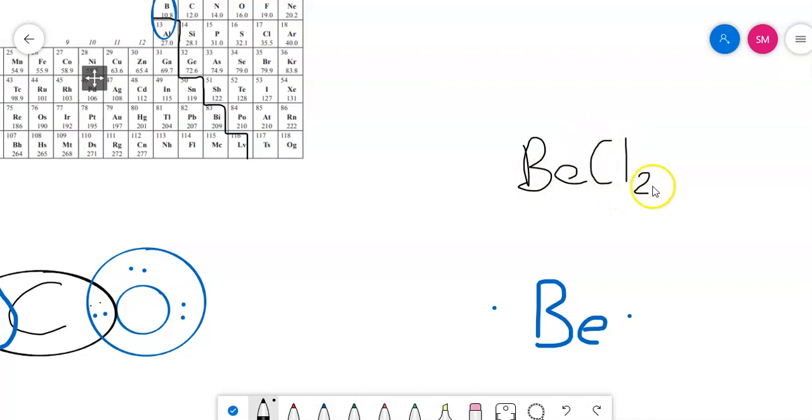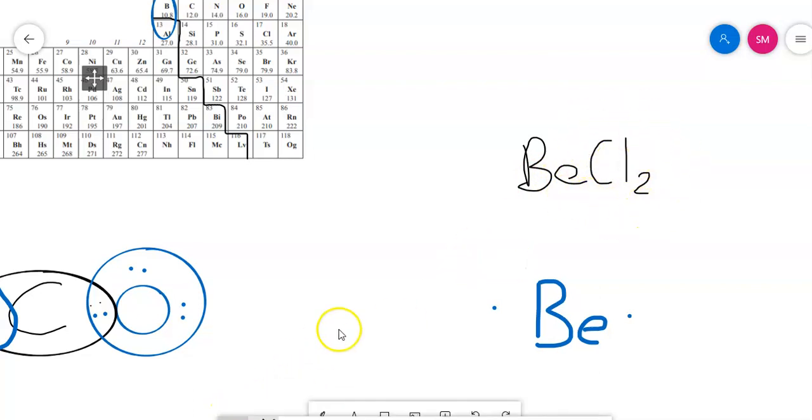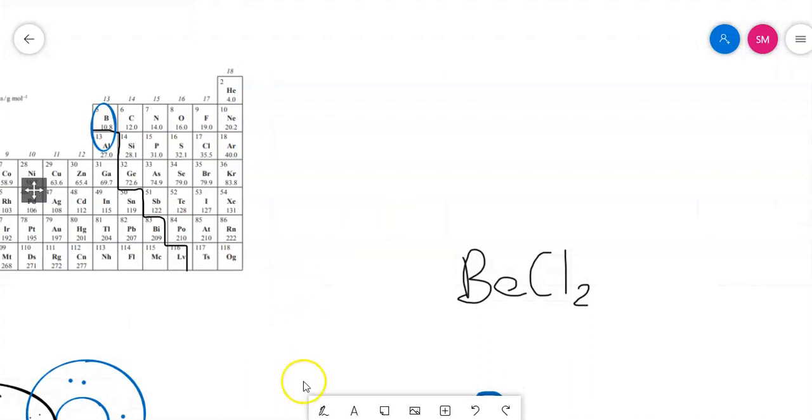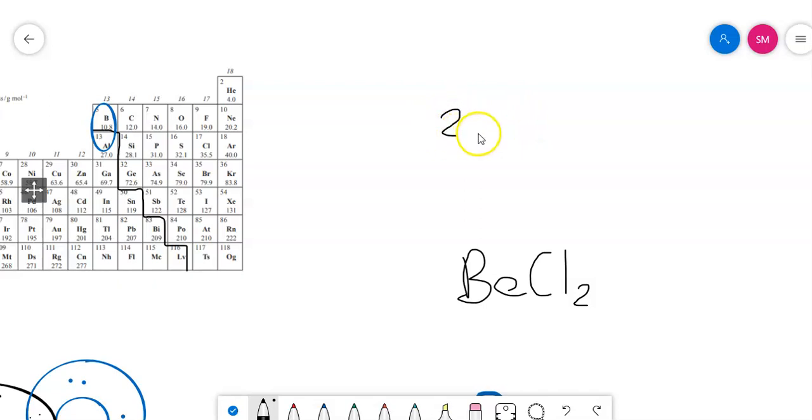So we need to look at the electron structure of chloride as well, chlorine rather. So chlorine has the atomic number of 17, so it's going to have 17 electrons in total. We'll just quickly work out how many electrons it'll have in its outer shell. So 17 electrons, 2 go into the first shell, which means that there's 15 electrons left.